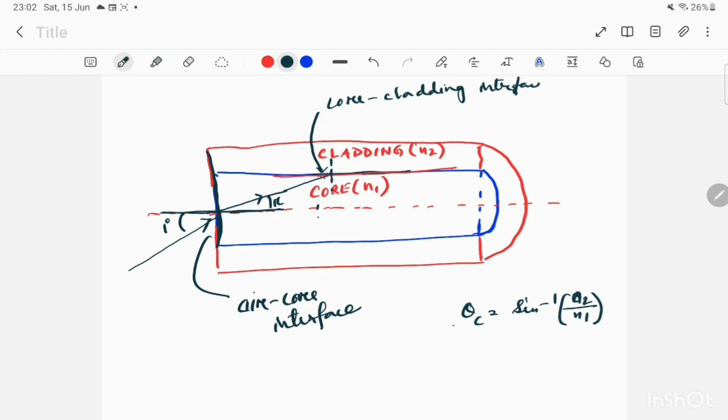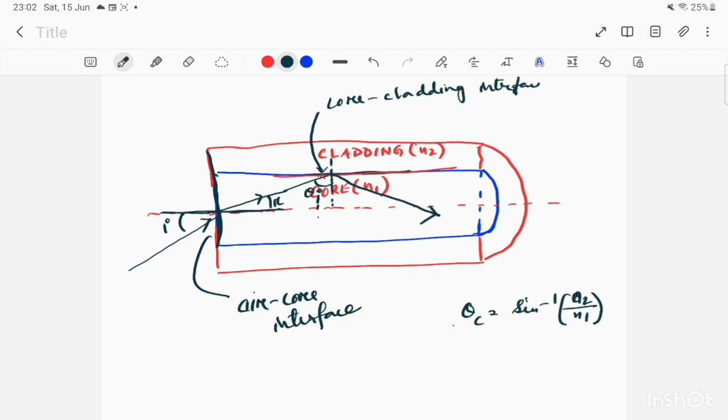Now it is incident here again, so this is another point of incidence. Now this is our theta i, and if the ray of light has to contribute in passing the information, it has to bounce back. That means there must be total internal reflection.